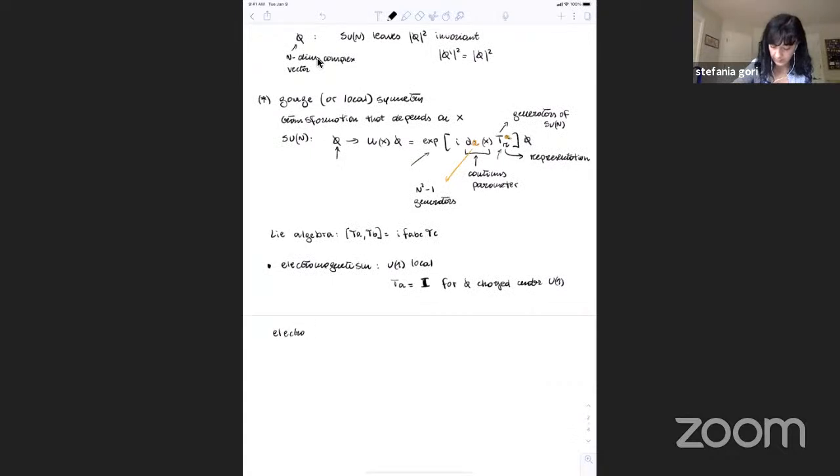For an electron, or whatever fermion with a charge Q, this fermion will transform in the following way: e to the i Q alpha(x), these continuous parameters, times phi. Okay.